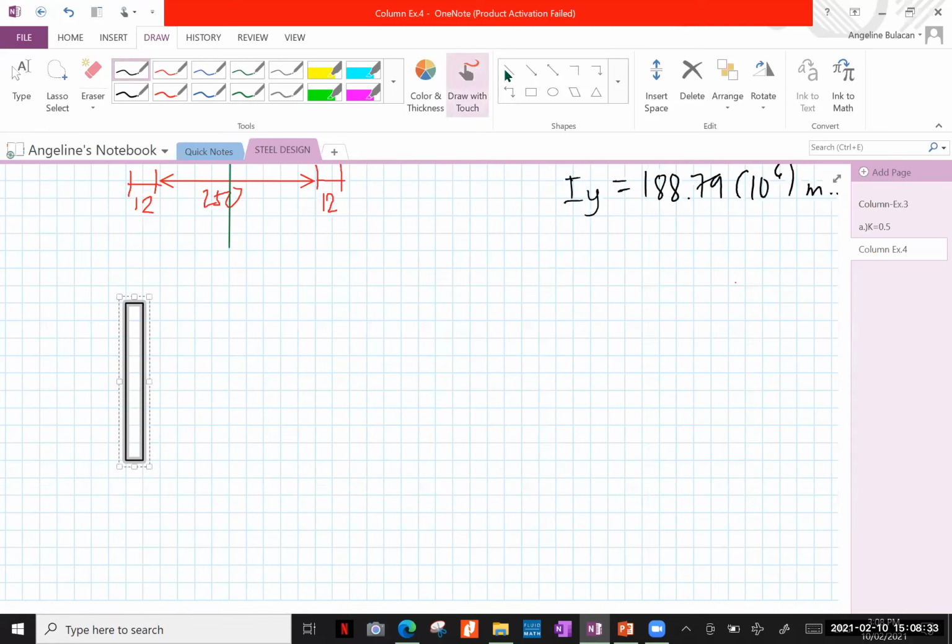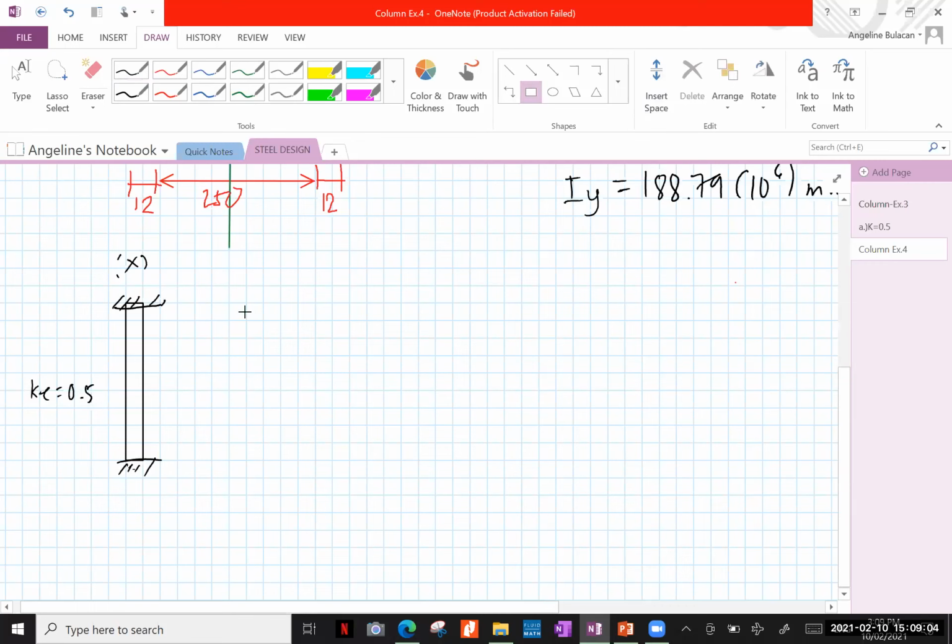Kung fixed at both, ito yung along x. Fixed at both ends lang. So, ang mangyari, your K is equal to 0.5. Kasi wala naman siyang changes.